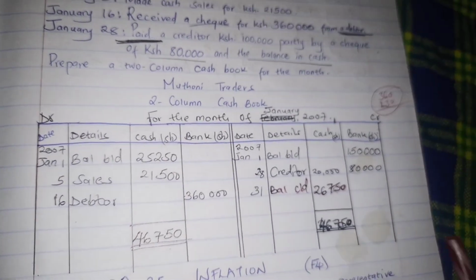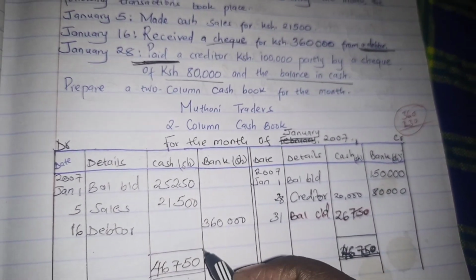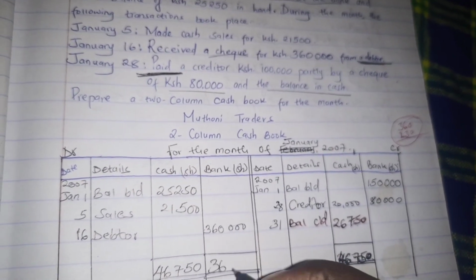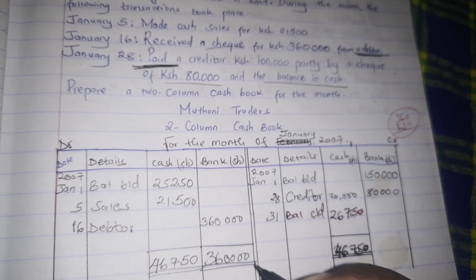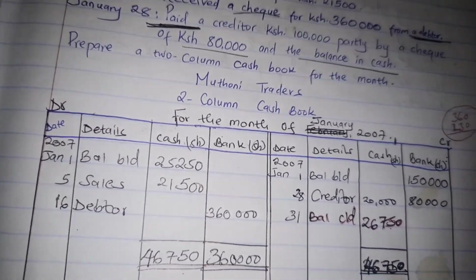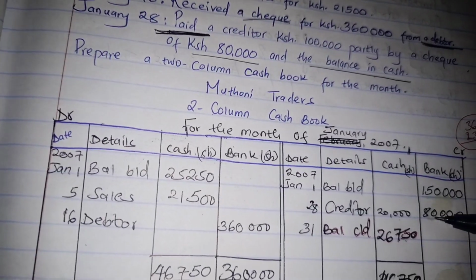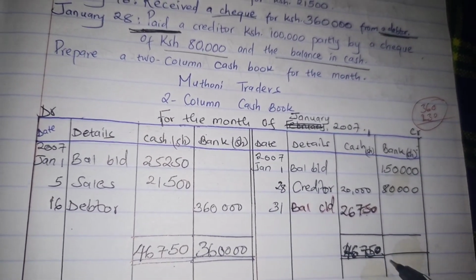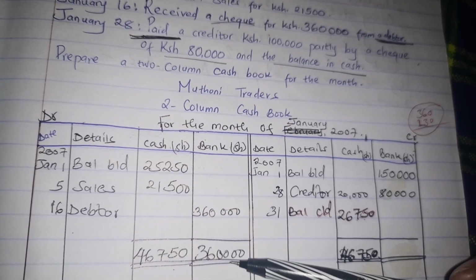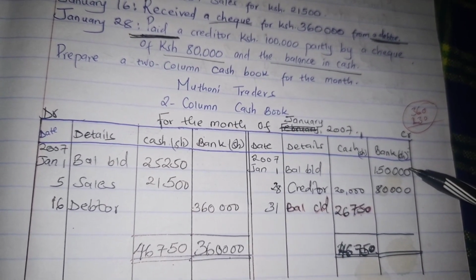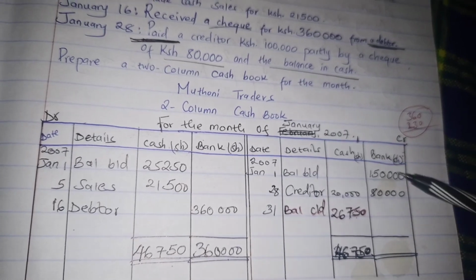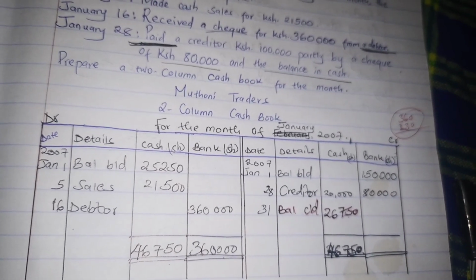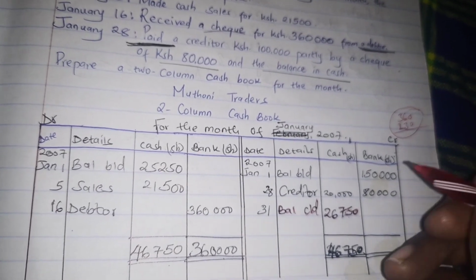So let's move on. We have the total here is 360,000. Then on the credit side, our total is 230. So for us to balance, we need to get the difference, 360 minus 230.